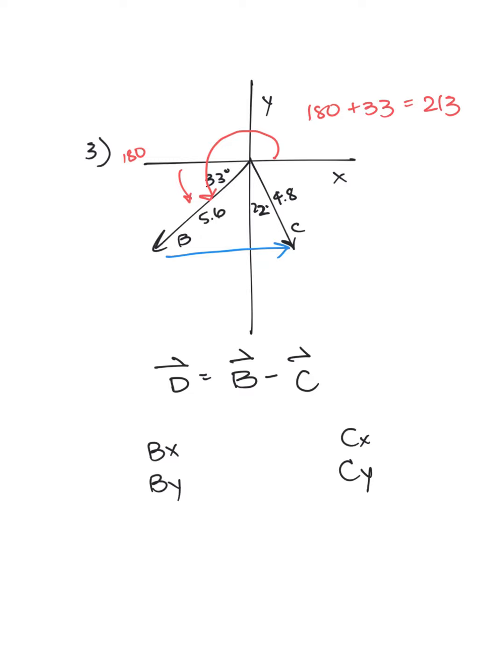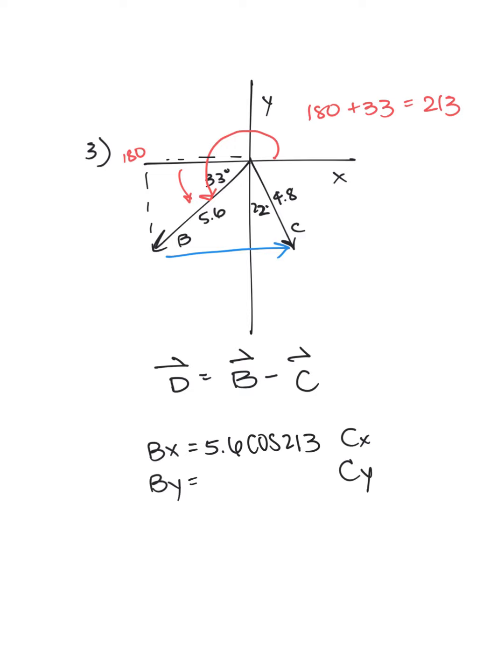So now that we have the angle and the hypotenuse, we can begin to find B of X. B of X will be on the adjacent side of this triangle. So if we are given X, which is our adjacent, our theta, which is our angle, and our hypotenuse, which is 5.6, we can write B of X as 5.6, our hypotenuse, cosine, because cosine is adjacent over hypotenuse, 213.